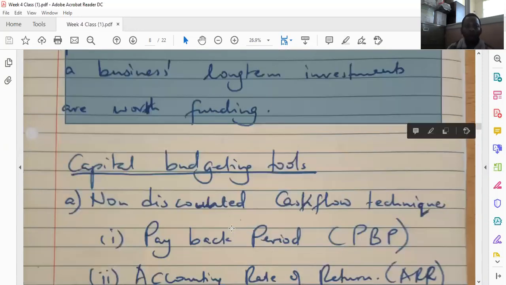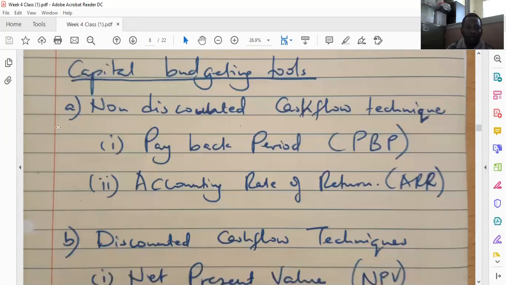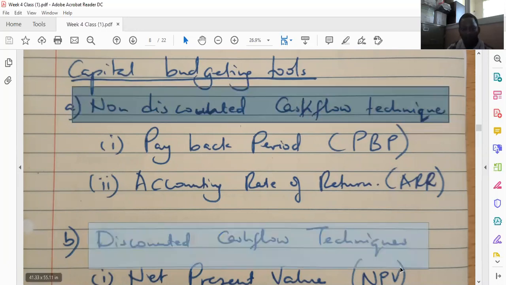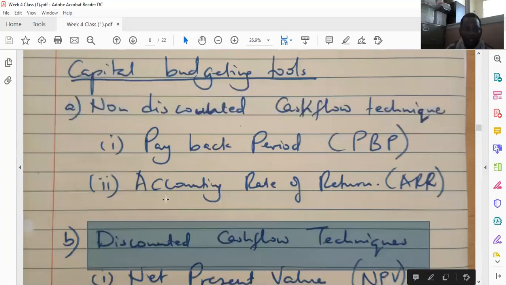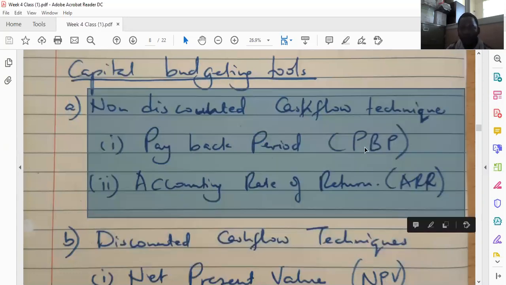So capital budgeting tools, we have two main classes: the non-discounted cash flow techniques and the discounted cash flow techniques. We begin with the non-discounted cash flow techniques, which include the payback period, PBP, and the accounting rate of return, ARR.